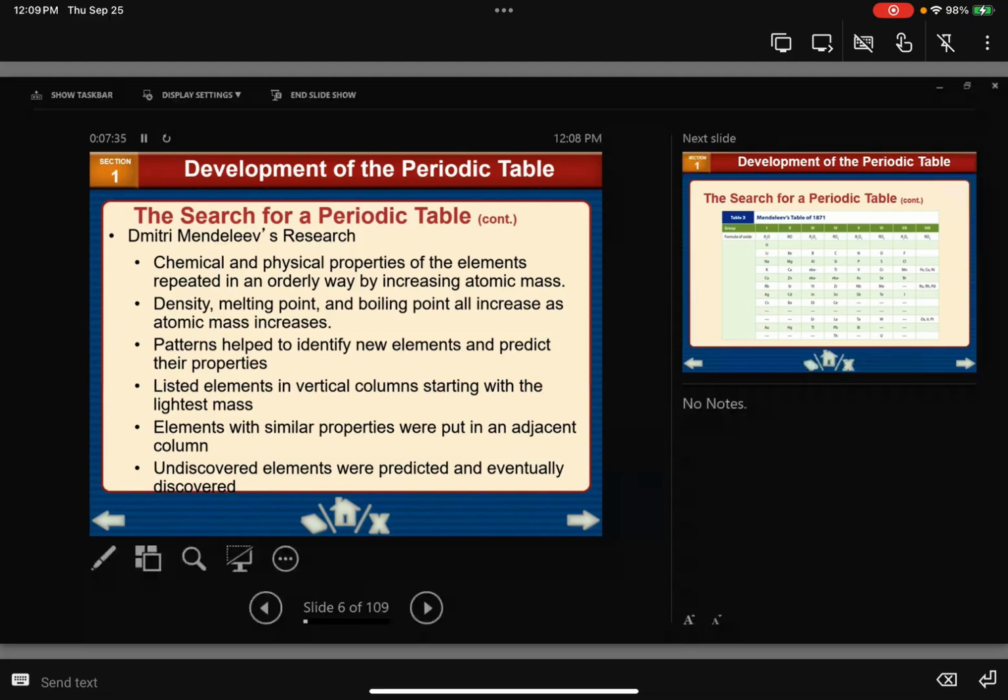But he was able to predict that element and what the properties could possibly be based on the elements that were surrounding it when he put these elements into an organized table. So he listed elements in vertical columns starting with the lightest mass, and put elements with similar properties into adjacent columns, and was able to predict some of the undiscovered elements that have since then been discovered.